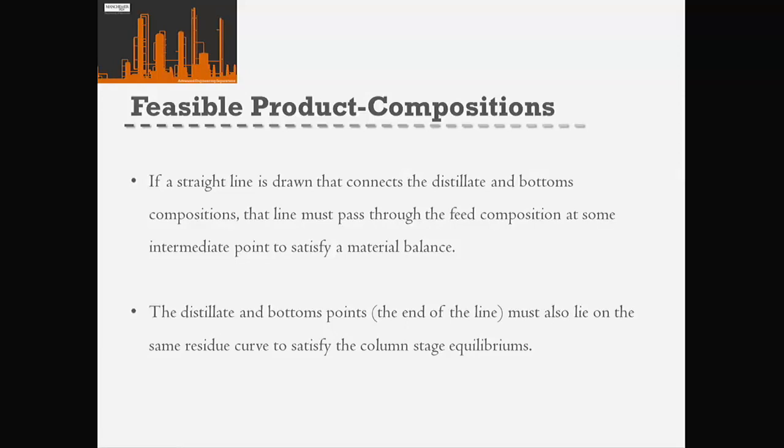So that means, because our distillate and our bottom products are also defined by that vapor-liquid equilibria, that the ends of the straight line that we draw for our column mass balance must also lie on one of these residue curves. Okay? So in that way, we're satisfying both the mass balance for the column, but also the fact that we're doing a separation based on vapor-liquid equilibria.